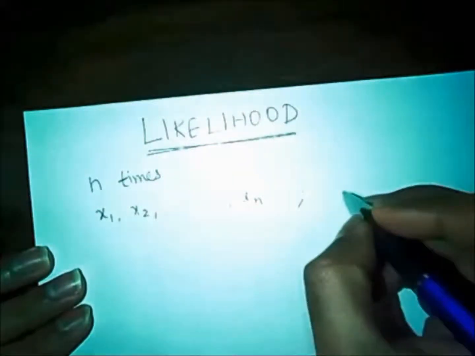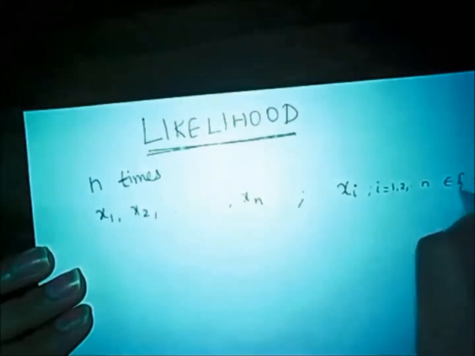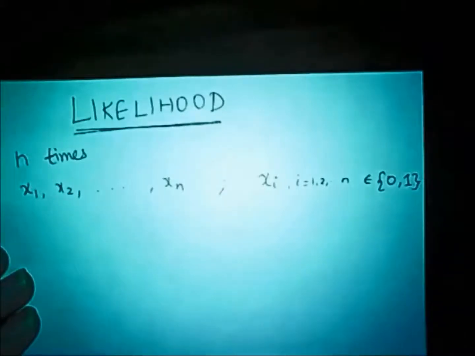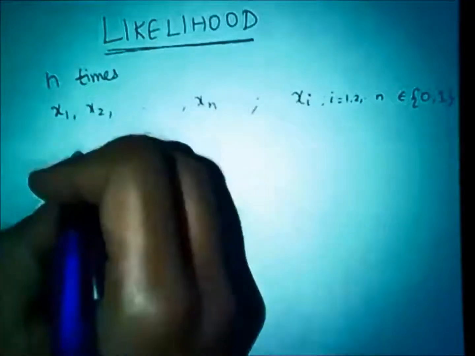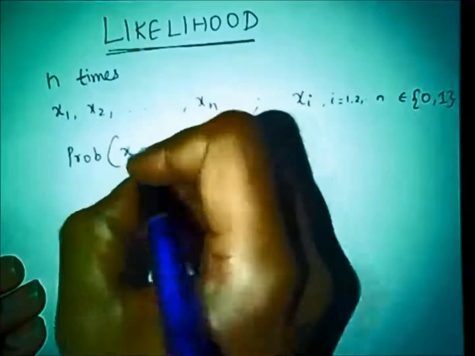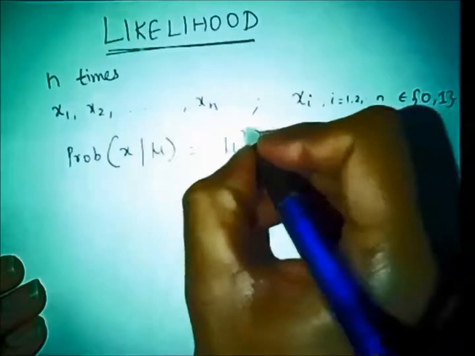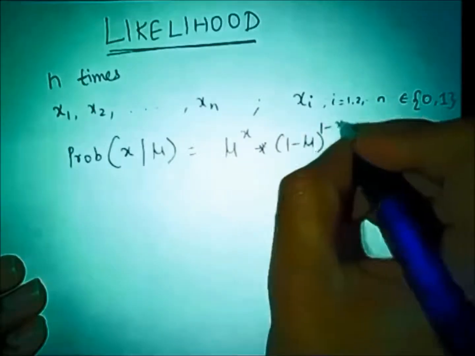You may recall that any of the xi's where i equals 1, 2 up to n is either 0 or 1, where 1 represents an outcome of head and 0 represents an outcome of tails. And like earlier, we'll assume that probability of x given mu would be mu to the x multiplied by 1 minus mu to the 1 minus x.